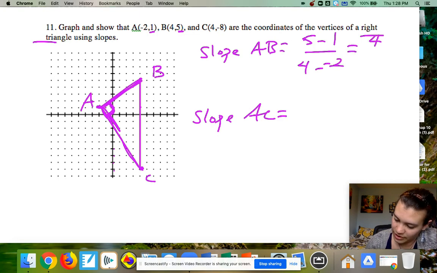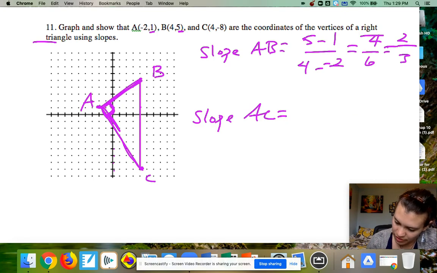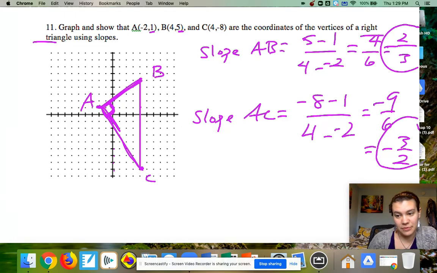You get 4 on top, 6 on bottom, or 2/3. And then AC, oh, sorry, we want to do A and C, I'm doing B and C. So negative 8 minus 1 over 4 minus negative 2, negative 9 over 6 is negative 3 over 2. So these two are opposite reciprocals. So those are perpendicular, which then means that we have a right triangle. So yes, this is a right triangle.